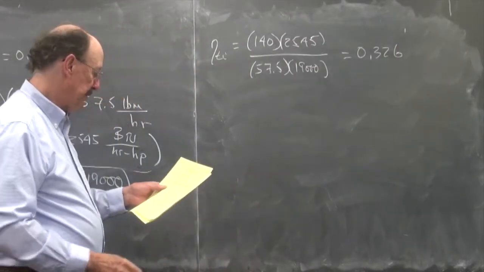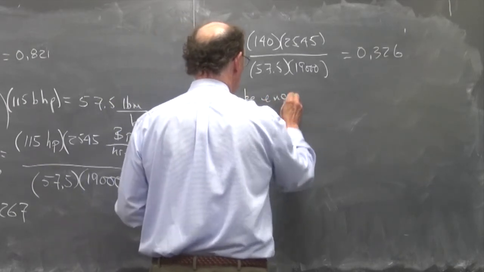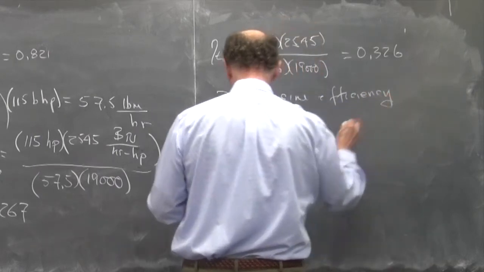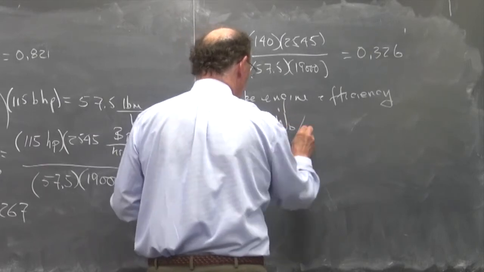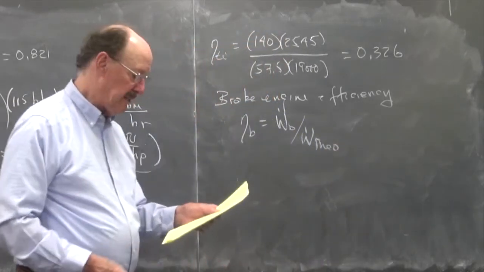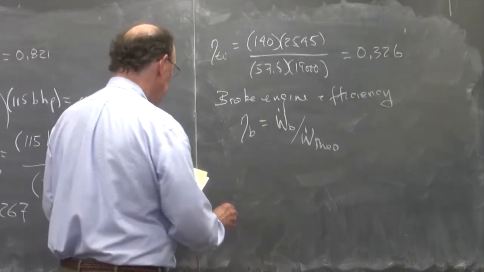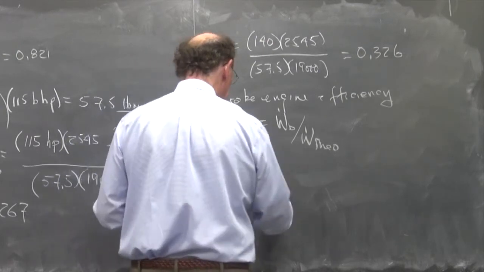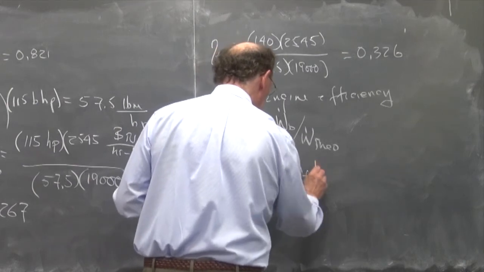The brake engine efficiency A sub B is equal to W dot B over W dot theoretical. Now I need to find W dot theoretical, and we were given the thermal efficiency. So W dot theoretical is equal to the thermal efficiency times m dot f h sub rp.